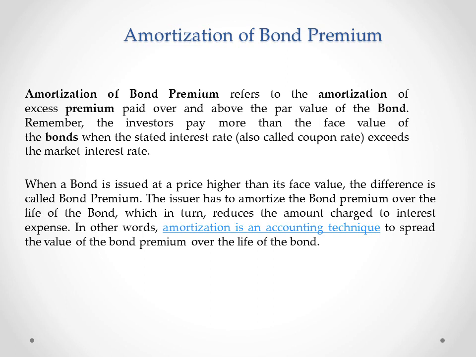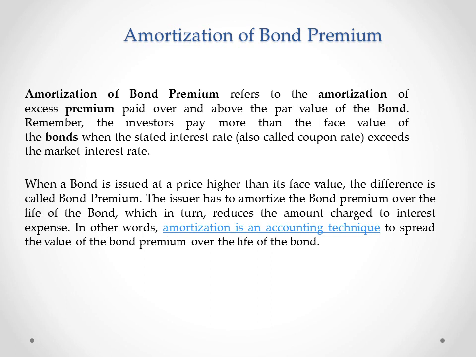The difference between the market value and the face value, the company will be recording as bond premium. This amount, the company will treat like a revenue, and the company will use it to reduce the amount of interest expense that it will be recording each period. This is what we call amortization of bond premium, which is reducing the amount of interest expense that the company will be recording each period.